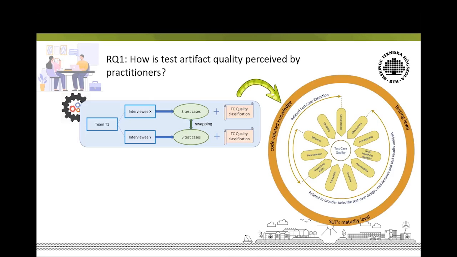The main result of this study is a quality model, including 11 quality attributes of test artifacts. Understandability was considered the most important one. The context of this study is natural language test cases for embedded systems, and the study involved only 6 practitioners from a company in Sweden.